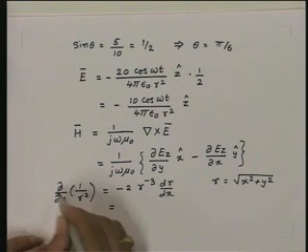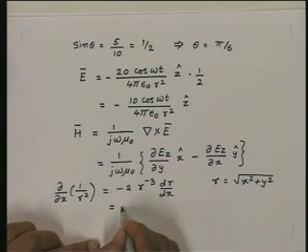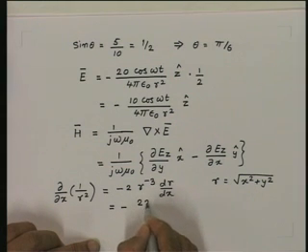So, you get d by dx of 1 upon r square, that is minus 2 x upon r to the power 4.